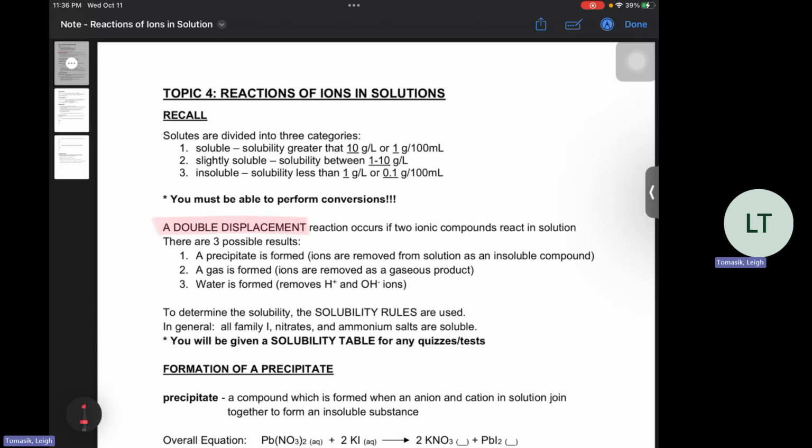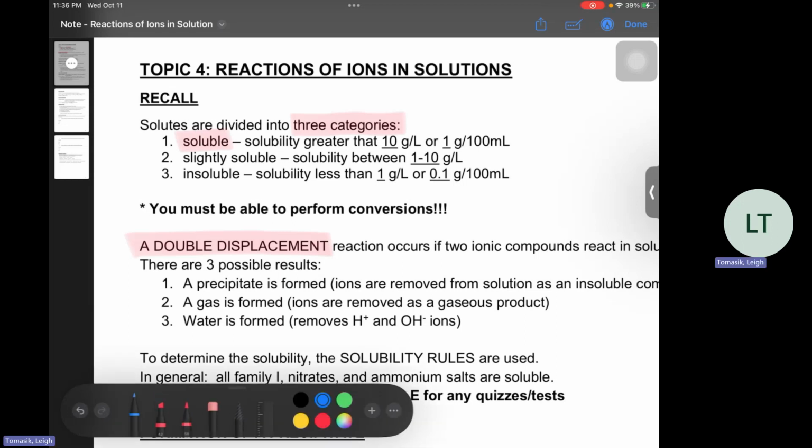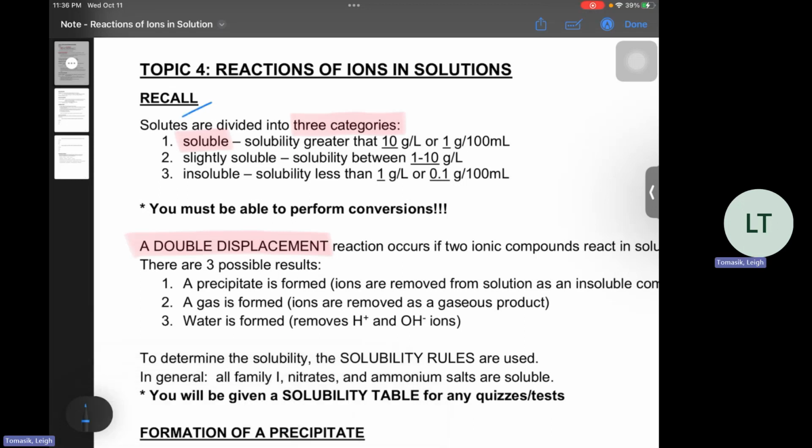As you may recall, solutes are divided into three categories. Instead of solutes, really, we should call these ionic compounds. Ionic compounds are divided into three categories.